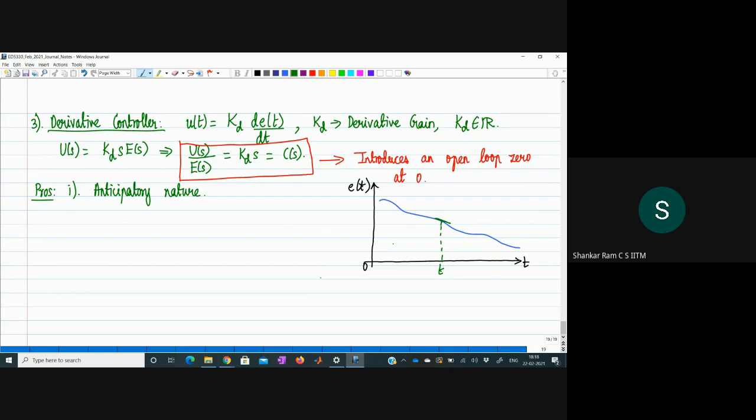But more importantly, let's consider an important limitation. Let's say we take the case wherein we have an error signal like this. I'm just constructing a case so that I can convey the point to you. Let us say we have an error time history like this.